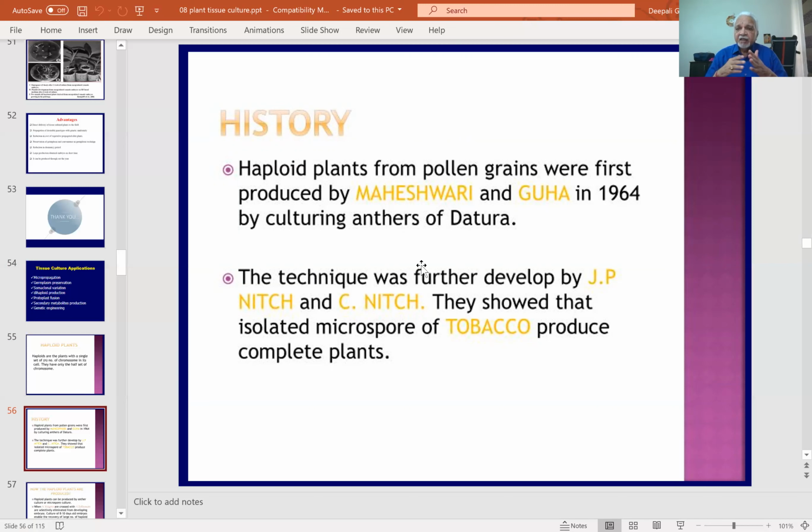The concept is that if the anthers are cultured properly, given the right kind of environment, physical and biochemical, and media and growth regulators, it is possible to raise haploids through pollen culture.